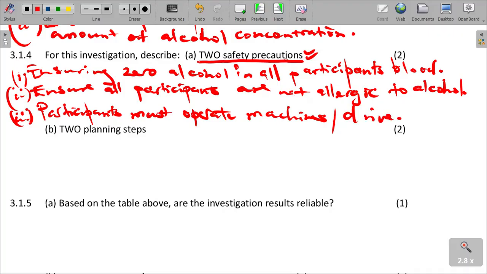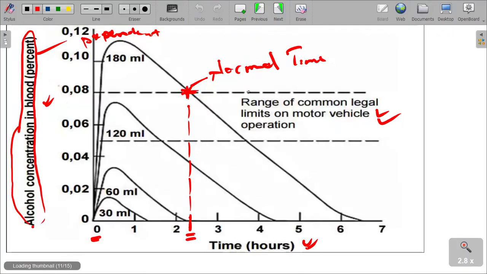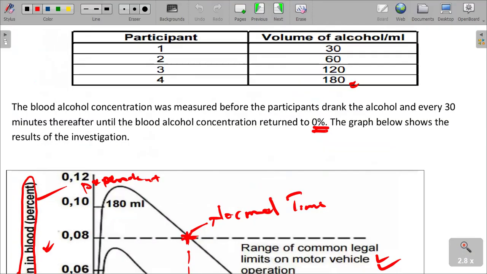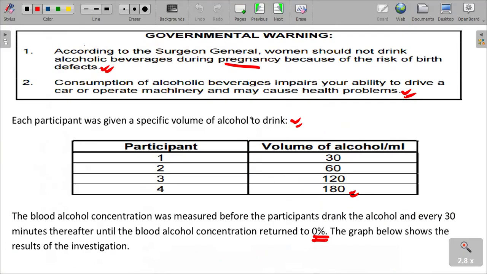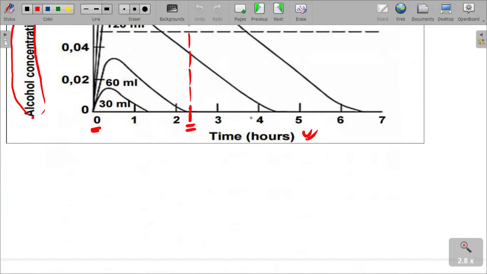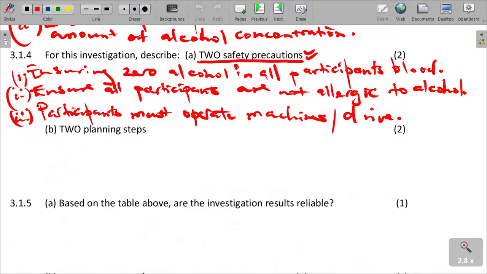It is given in context that participants must not operate until their blood alcohol concentration returns to zero, and they must not drive after taking alcohol. So these are all precautionary measures that we put in place. Participants must not operate machines after taking alcohol. We are saying these are safety precautions. They must not drive as well.